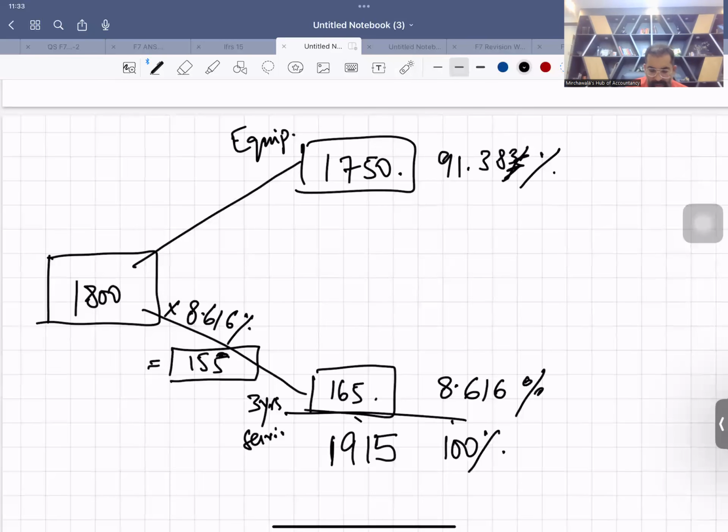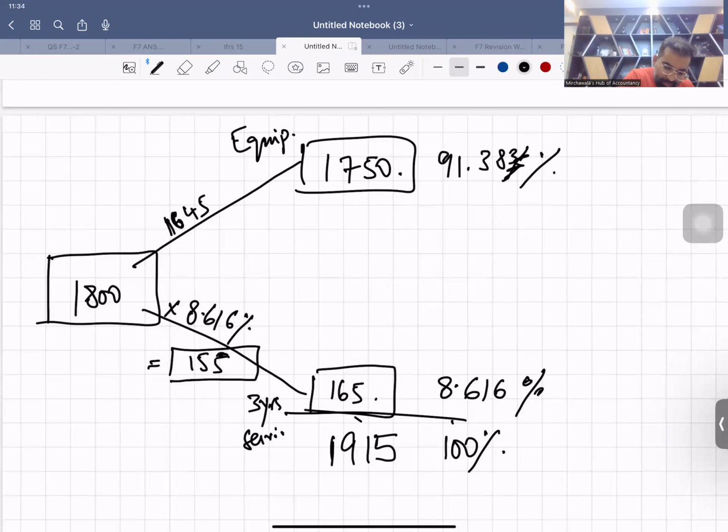So 155 is the 3-year service revenue, and for the equipment it's going to be 1645. If the examiner asks how much revenue you will book for equipment, the answer is 1645, but this is not the question in the exam. If the examiner asks for the total revenue for the 3-year service, this is 155, because this was a discount deal.